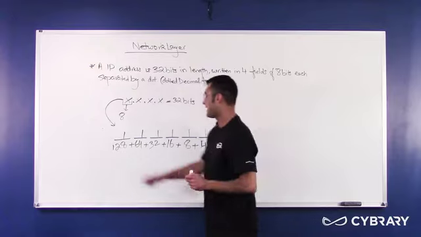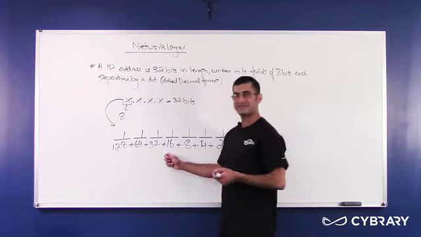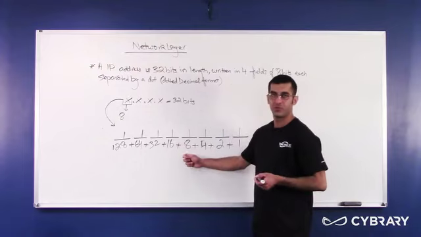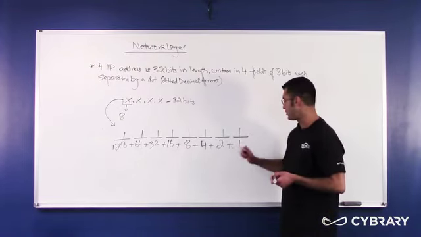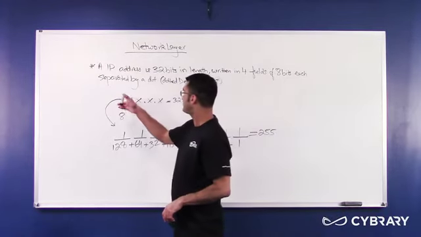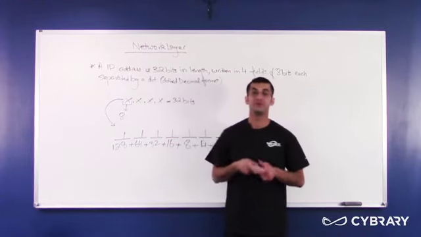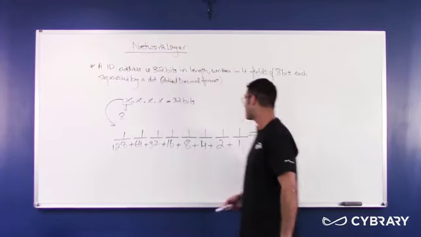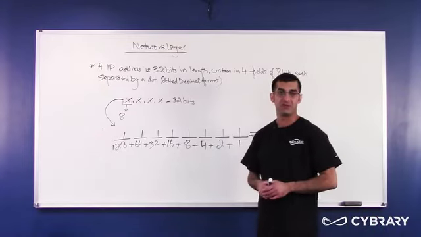So 128 plus 64 is 192, plus 32 is 224, plus 16 is 240, plus 8 is 248, plus 4 is 252, plus 2 is 254, plus 1 is 255. Each one of these values, each one of these fields, or octets, can range between 0 and 255. The maximum value being 255, the minimum value being 0.